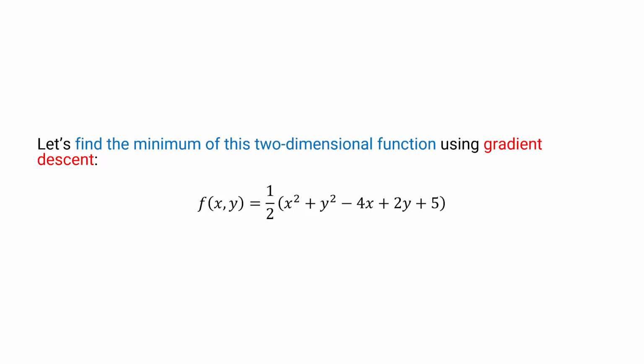So for my 2-dimensional example, I want to start with, again, something I just made up. I sort of fiddled with it a little bit. I basically took a quadratic in X and a quadratic in Y, and I added them together. And you'll also notice I chose to put a 1/2 out front. One reason I did that is to foreshadow something that is commonly done when using gradient descent. In this particular case, we're going to need to compute the gradient, and to do that we need to compute the derivative.